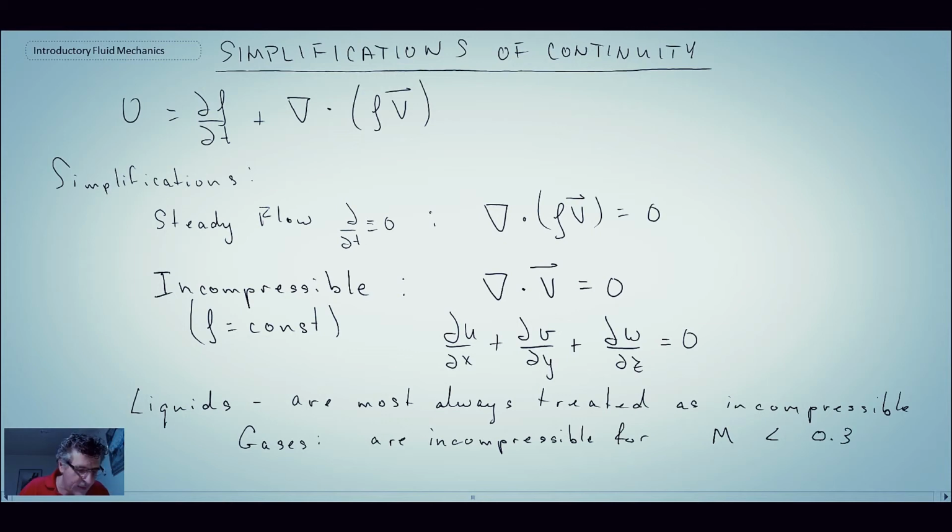And Mach number is defined as the local flow speed divided by the speed of sound. So M is the Mach number, and a here would be the speed of sound.